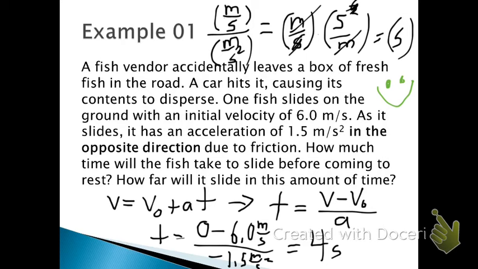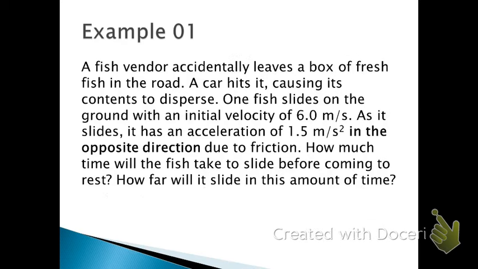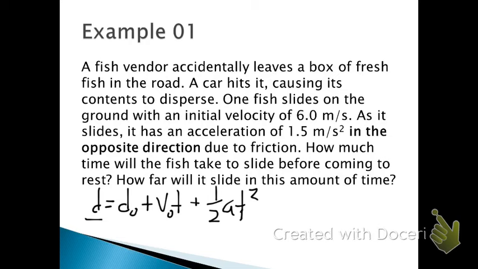Now, how far does it travel in that amount of time? At this point, I have a choice. I can use my position equation, my d equals d naught plus v naught t plus 1/2 at squared. Now that I have t equals 4, I can plug that in and solve for my final position.